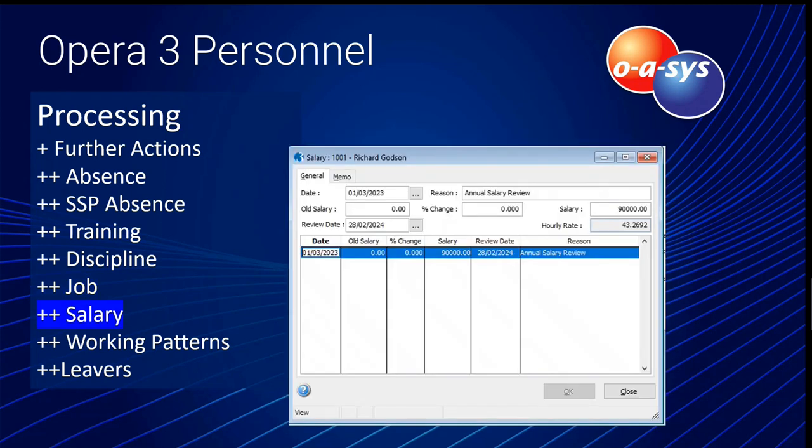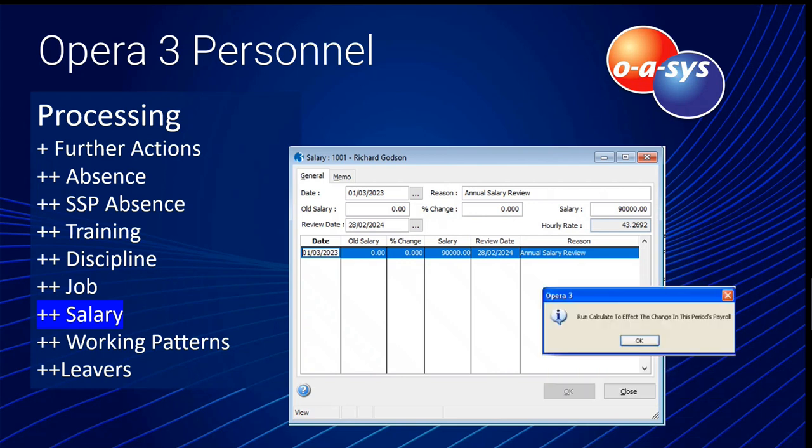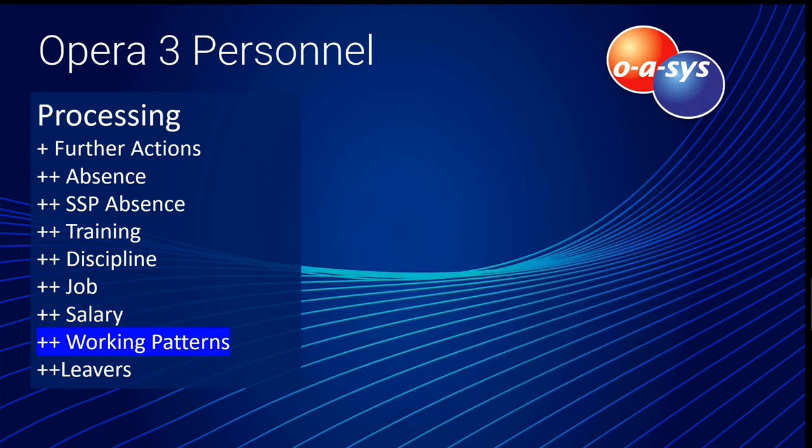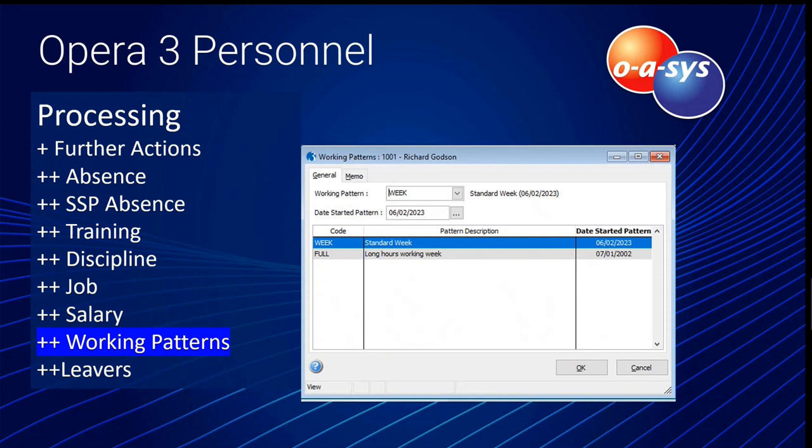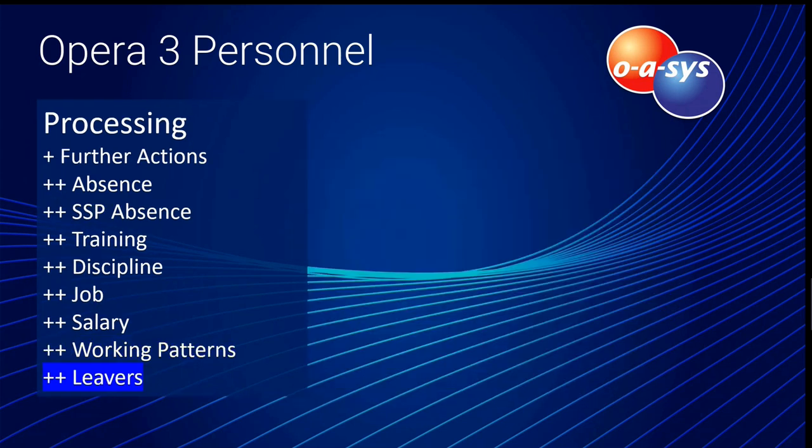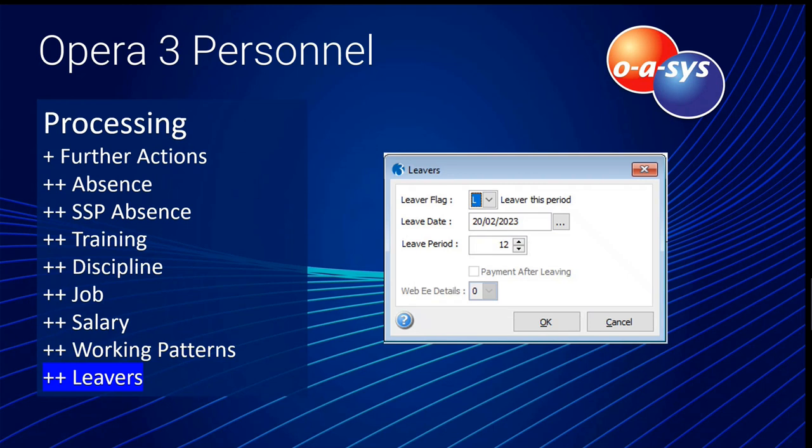We looked at the salary details and how you change the salary and how that affects the payroll. And then we also looked at the working patterns and where you apply those to your employees and what the effect of those working patterns would be on the employees. And lastly, we looked at the leavers area and what you use that for when someone leaves and how you reinstate a leaver.